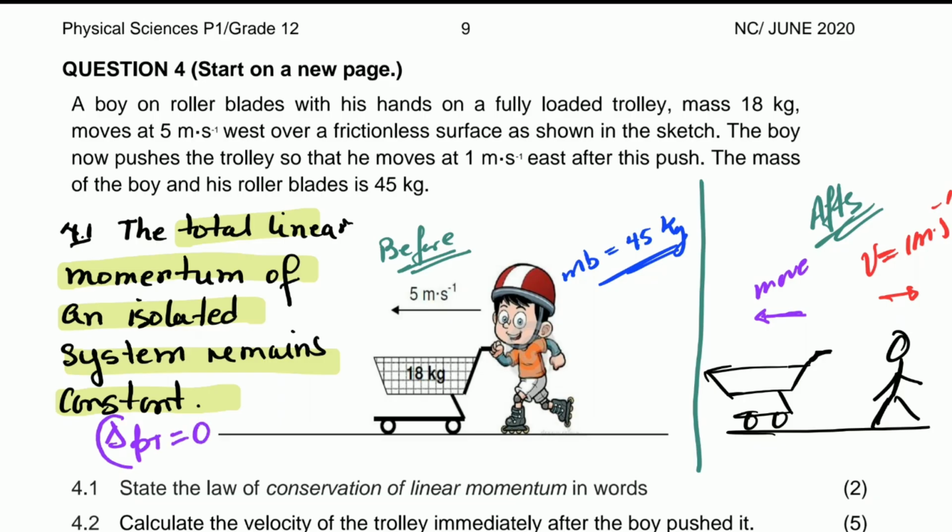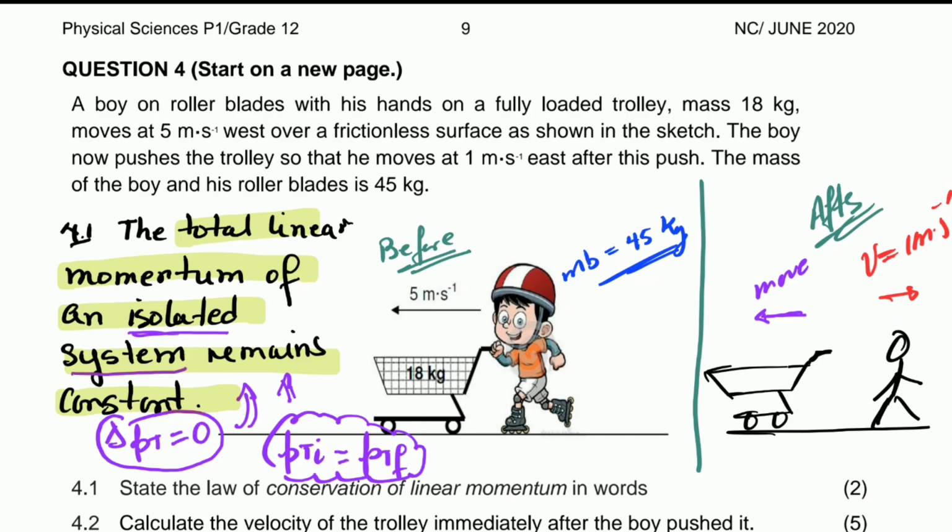It does not change. Or we can say that the total initial momentum must be equal to the total final momentum. This is the law of conservation of linear momentum, but it applies in an isolated system, which is very important.